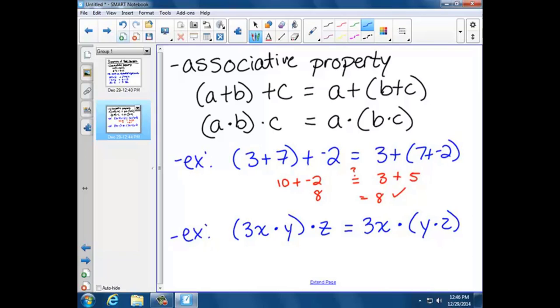So basically, I mean, if we multiply those together, we would just end up with 3xyz on either side. They're all just multiplied together. And using the commutative property we just talked about, that would be the same as if we did 3xzy, or 3yxz, or I could do those in all different kinds of orders. They would all be the same.